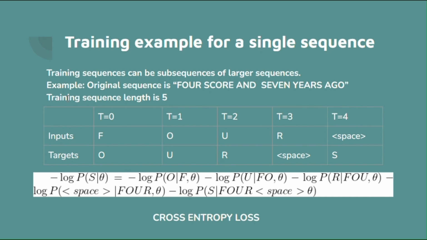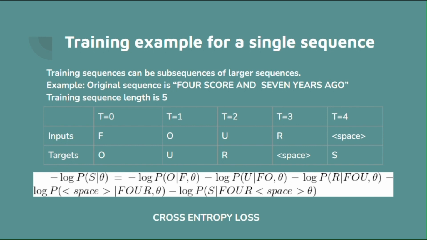So once you have the inputs and targets, you can pass the inputs to the embedding layer. You get input embeddings, and you pass them through your language model to finally get the probability distribution over the vocabulary at every time step.